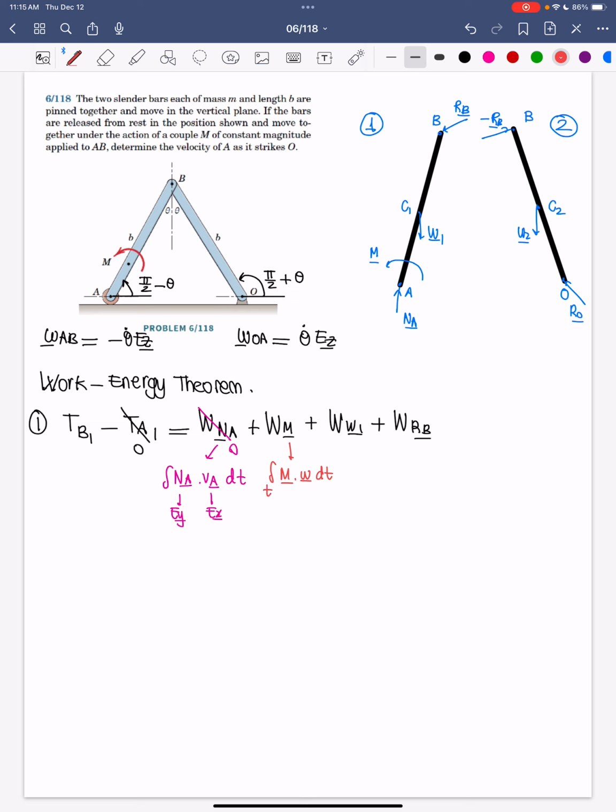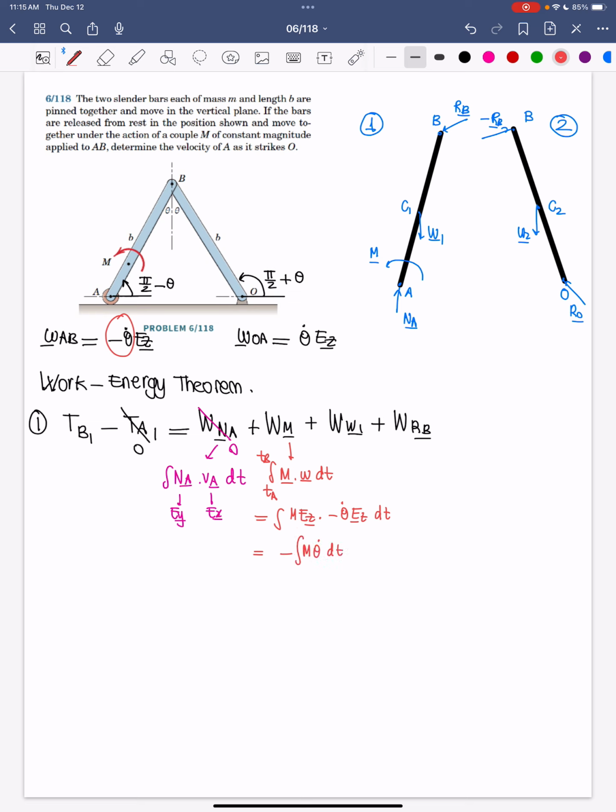from TA to TB, which I can write as the integral of M d theta. Let me do it step by step: that's M Ez dot, in this case, minus theta dot Ez, that's omega dt, and that's minus M integral of theta dot dt.